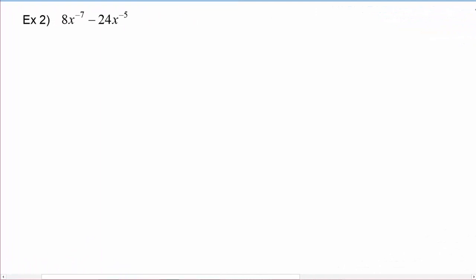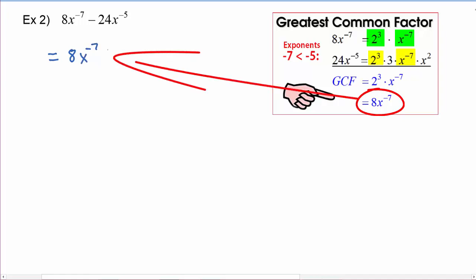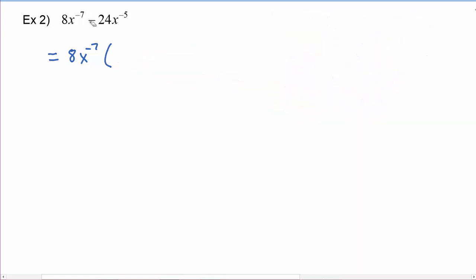Now in example 2, we can see that our greatest common factor is going to be 8x to the negative 7th. So then we can see 8x to the negative 7th is what we pulled out, so we're going to need a 1 here, minus 3x squared.